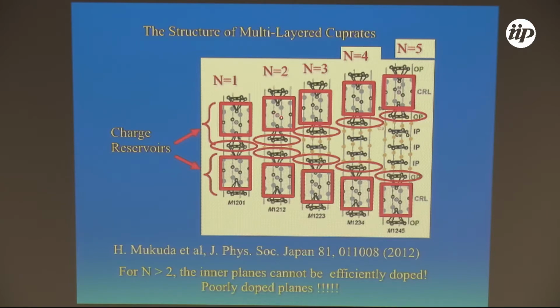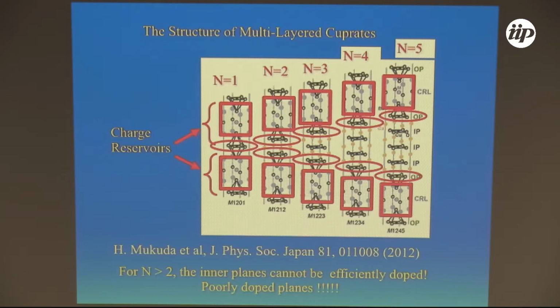For 2, again, these copper oxide planes are adjacent to the charge reservoir. Now, for n equals 3, it starts to become a little bit difficult. That's why it starts to show a discrepancy. And if you go to n equals 4 and 5, then it's complete because you just don't dope these inner planes. But we still dope 2 of them.